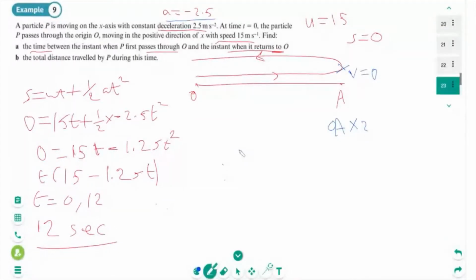Okay, so to work out the distance O to A, I know the starting value is u equals 15. When it reaches the point A, that's the point when it switches direction, v equals 0, and a is a constant, minus 2.5. So to find the distance, I need to use the formula with u, v, a, and s. There's only one formula, v squared equals u squared plus 2as.